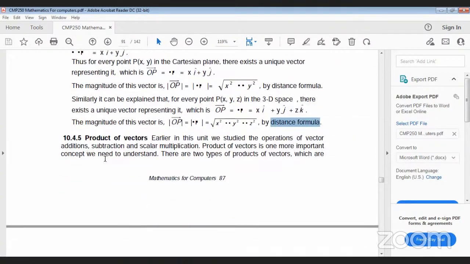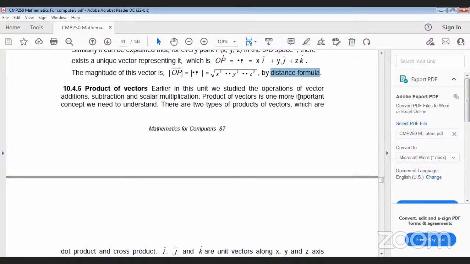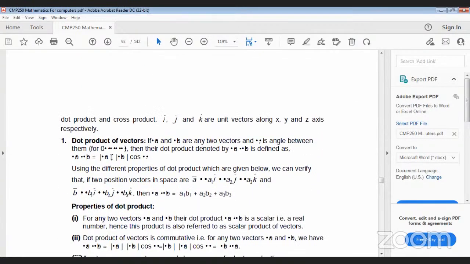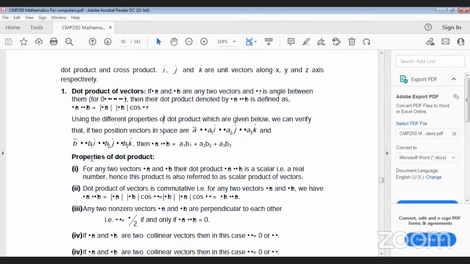Now, the product of vectors. Earlier we studied addition, scalar multiplication and so on. The first one is the dot product. Here A dot B is given by the magnitude of A times the magnitude of B times cos theta. This is regarding the dot product.